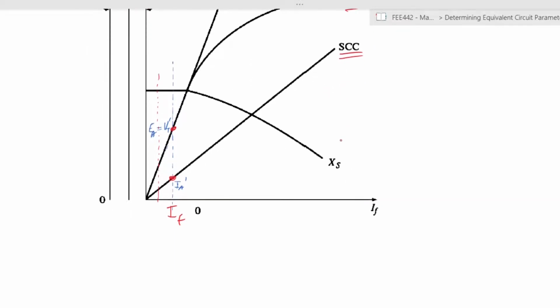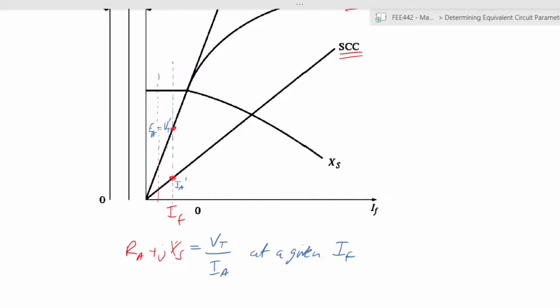If you take those two together, you would be able to determine your impedance RA plus jXS, which will be given by VT over IA at a specific given value of IF, or at a given excitation under certain conditions.